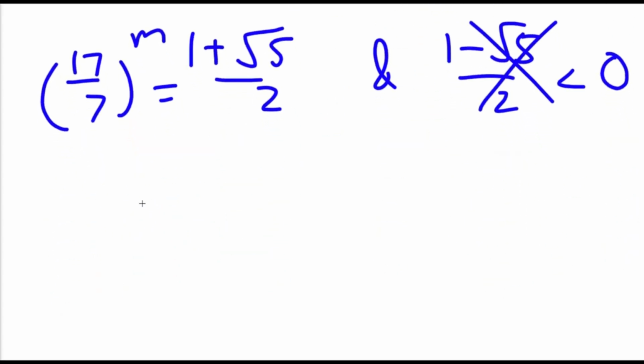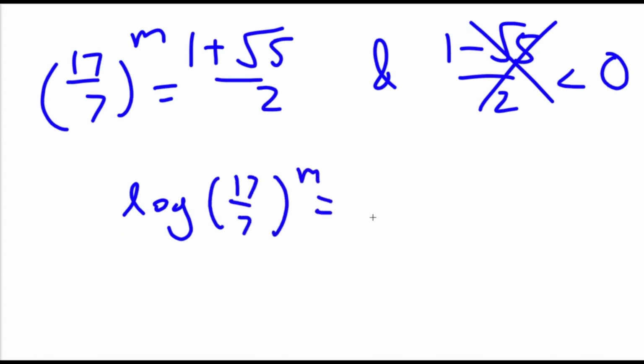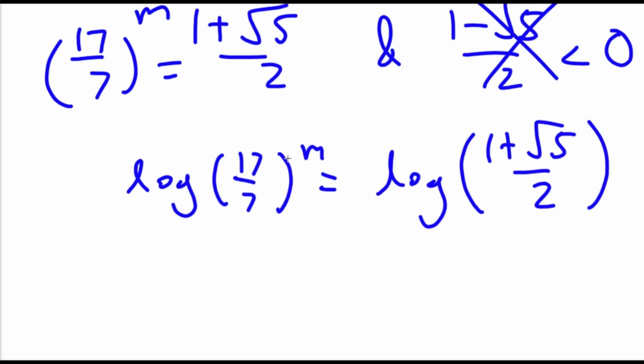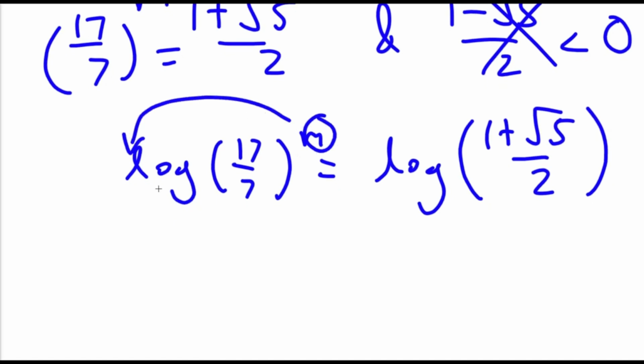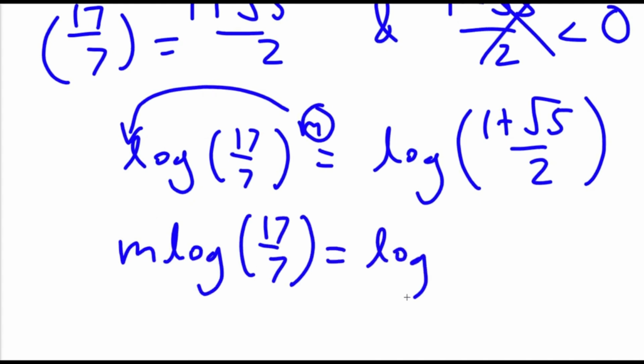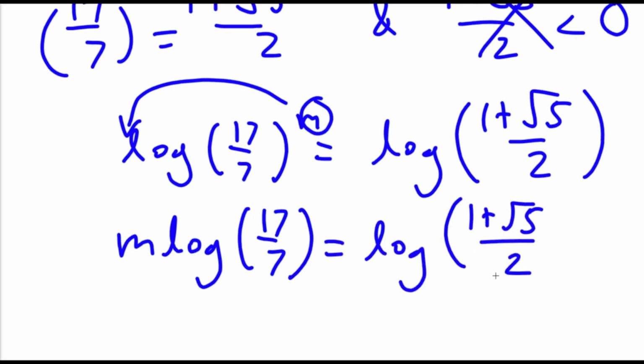Now if I take log on both sides, I get log of 17/7 to the power of m is equal to log of 1 plus the square root of 5 over 2. So now I can move the m to the front. So now I get m times log 17/7 is equal to log of 1 plus the square root of 5 over 2.